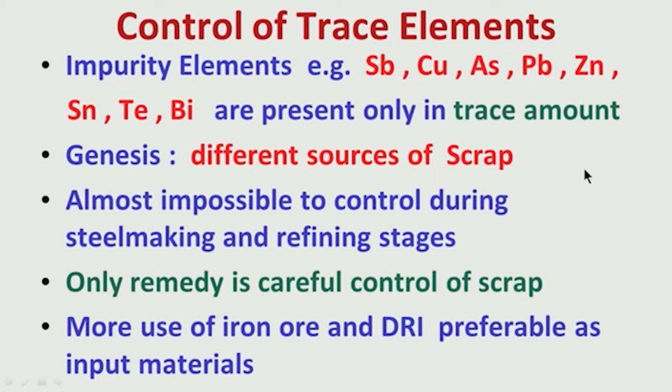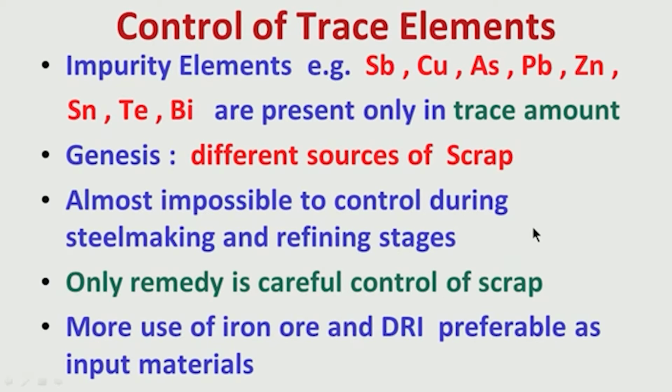Like zinc: when you are using galvanized steel in the scrap, we might get zinc. Similarly, these elements come from different sources of scrap. We do not know all the sources from which these elements can get incorporated in steel. So these are almost impossible to control during steel making and refining stages.